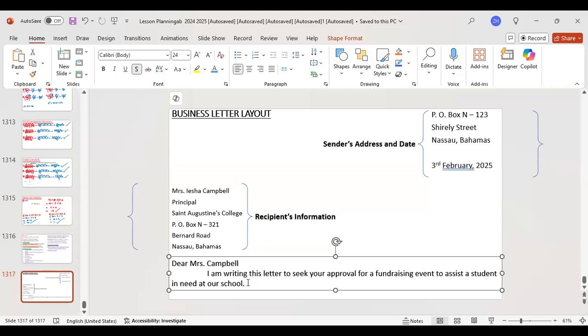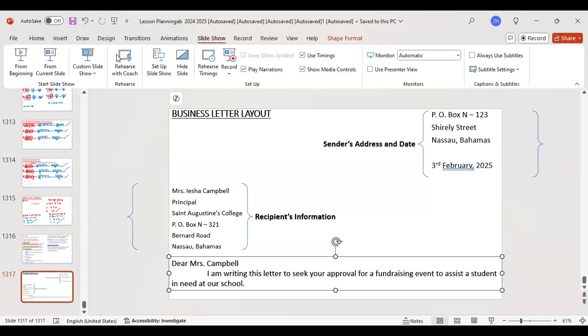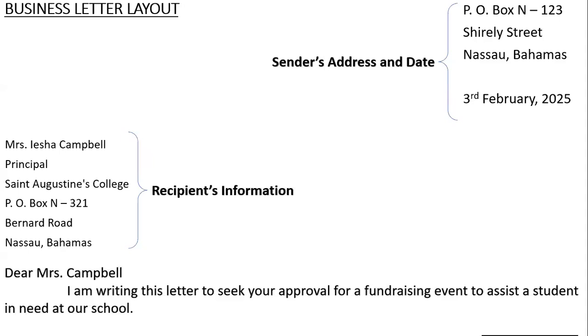In the body paragraphs, can I move this? I want to take a picture of this quickly because I want to move this. I'm still going to keep Mrs. Campbell, but I want to make sure you have the recipient's address information and the sender's date and address. Can I move it now? Yes, sir. Good.